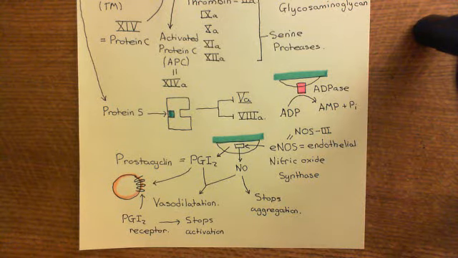Okay, so welcome to this next video in which we're discussing the antithrombotic mechanisms of the endothelium. So far we've seen a variety of mechanisms for preventing the formation of a thrombus within a blood vessel.